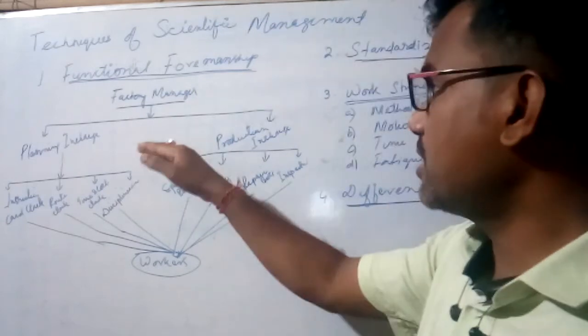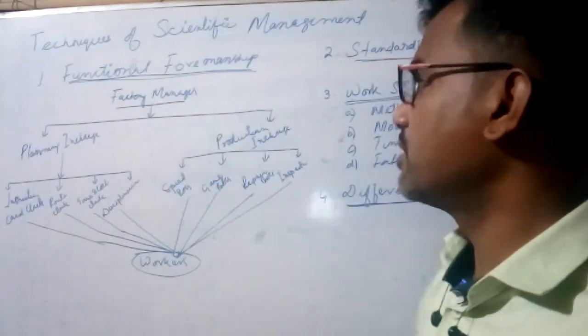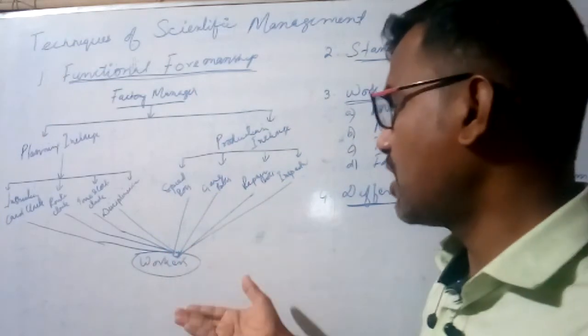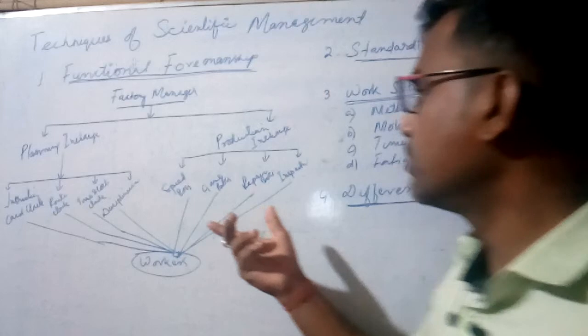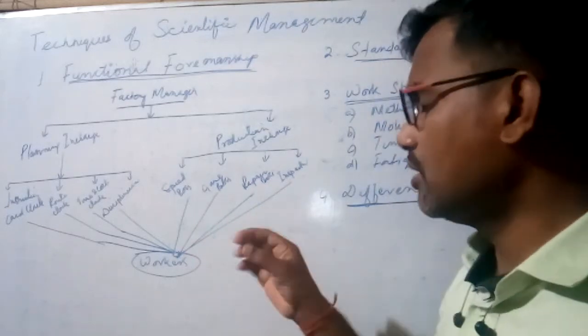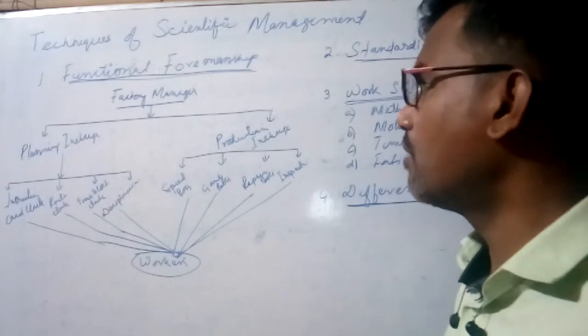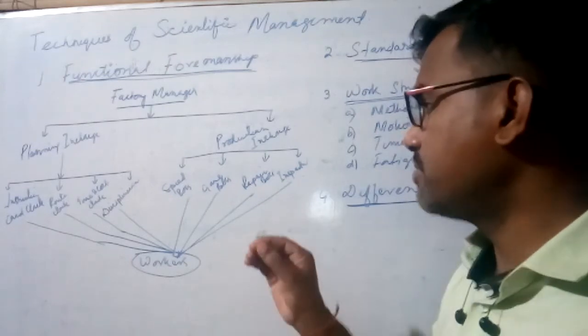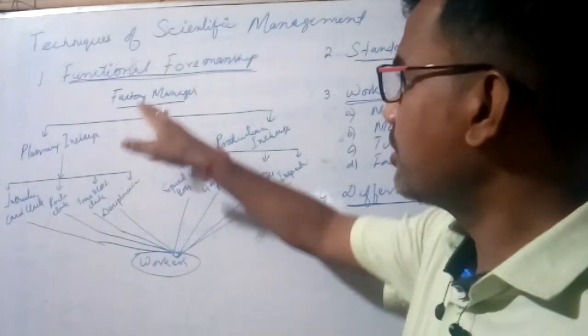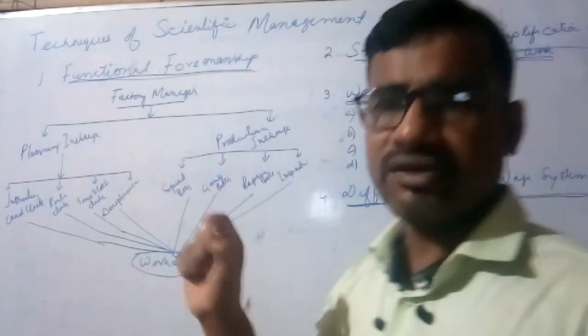The first technique that he has given is functional foremanship. By this, Taylor wants to say that we can bring some special consideration into our management in any organization. So what does he say about functional foremanship?